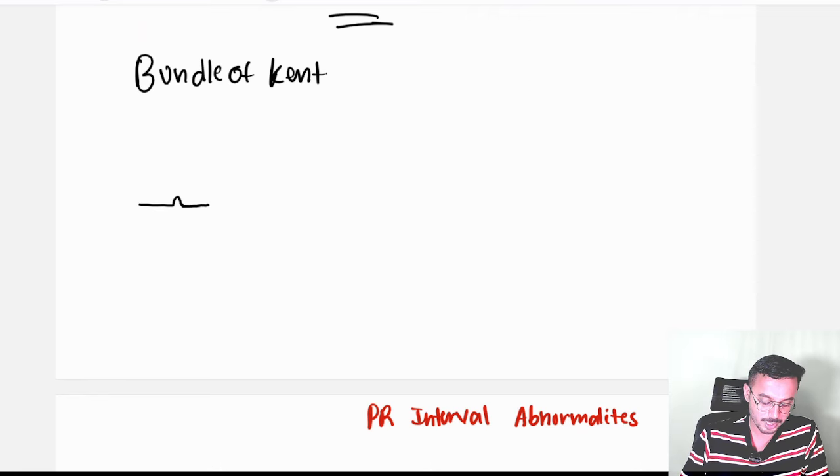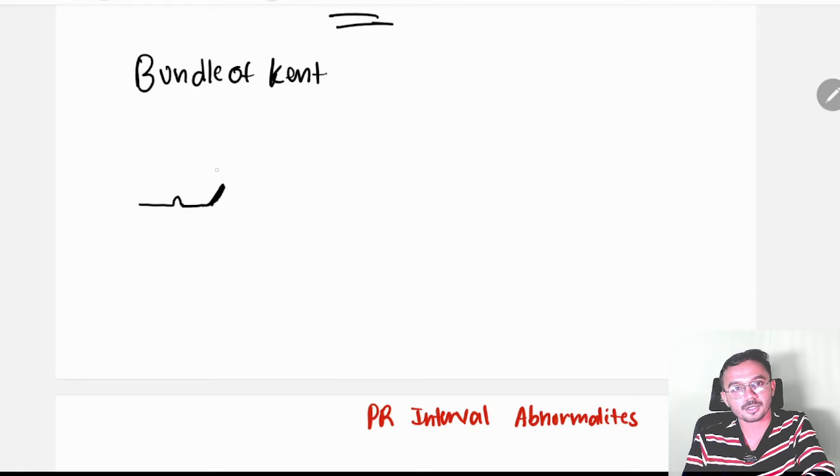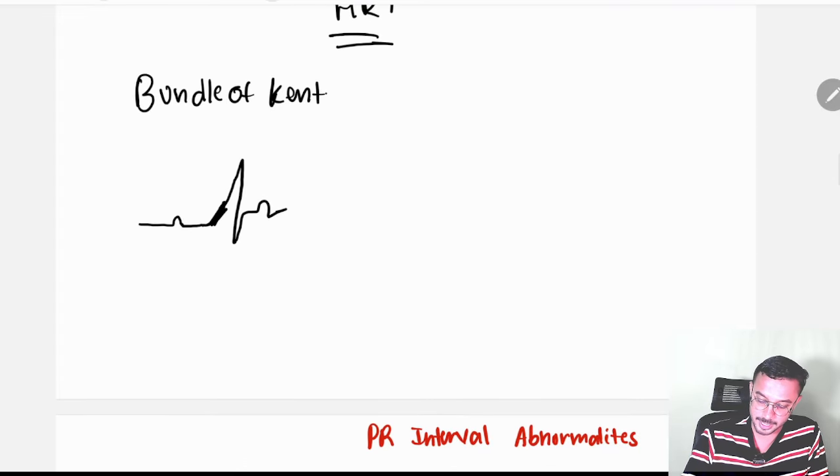If you look at the ECG, there will be one upstroke, right? Anything in the ECG which is going up is the R wave and which is coming down is the S wave, right? If you look at the ECG of this patient, it will be like this. This upstroke is known as your delta wave.